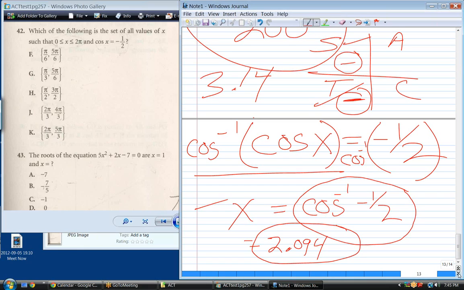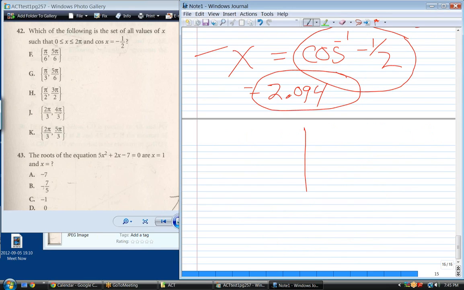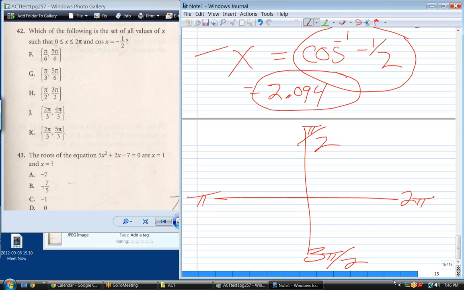Remember, if I were to label my unit circle in radians, it looks like this. This is pi over 2. This is pi. This is 3 pi over 2. And this is back to 2 pi. So if my first answer was 2 pi over 3, that's the second quadrant.